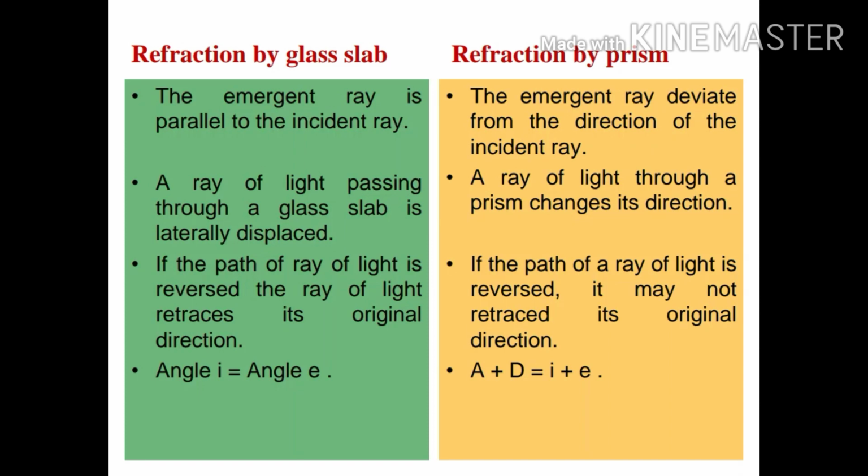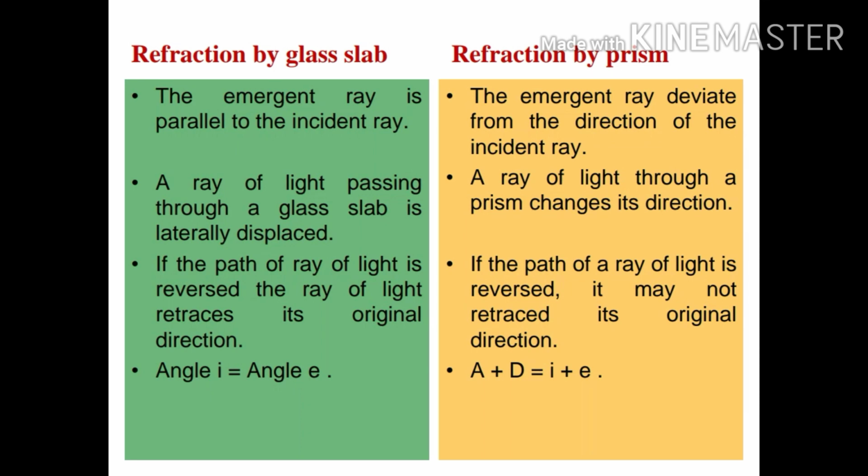And we noticed there that the emergent ray was parallel to the incident ray and angle i was equal to angle e in case of a glass slab. But in case of a glass prism, the emergent ray deviates from the direction of the incident ray.